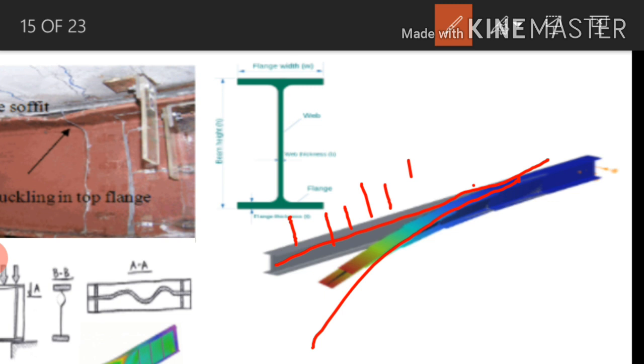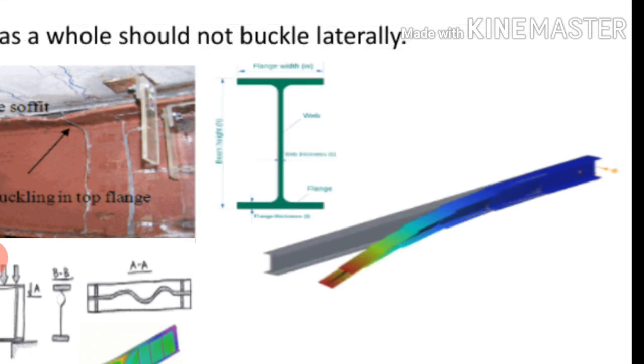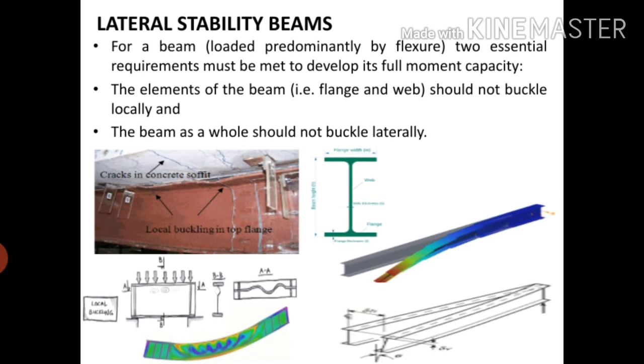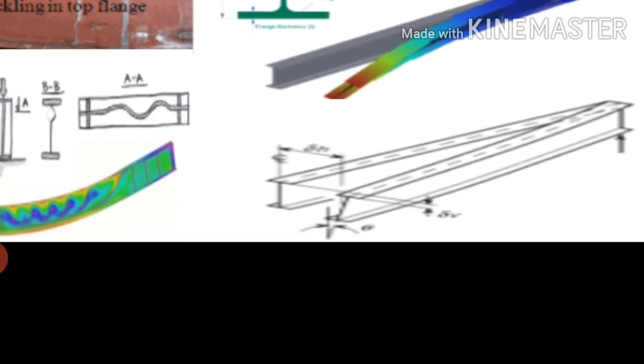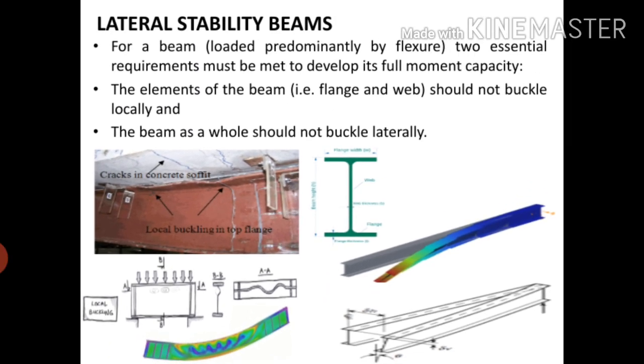If the beam has to develop a full moment capacity, it should not buckle laterally. Okay. So this is another figure which tells about the lateral buckling. That is, the beam as a whole should not buckle laterally.